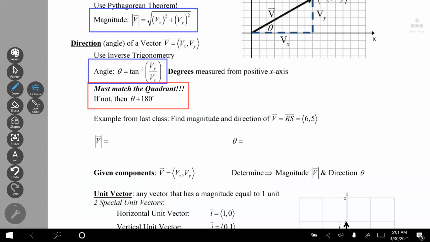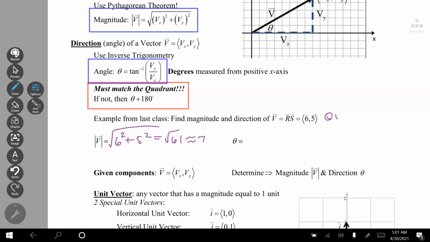A quick little example is vector V, or what I'm calling vector RS, 6, 5, which is definitely in quadrant 1. So its magnitude is the Pythagorean theorem. I don't have to use negatives with the Pythagorean theorem, so 6 squared plus 5 squared, we didn't have any negatives anyways. 36 plus 25 is the square root of 61, and I'm going to round it to the nearest tenth.